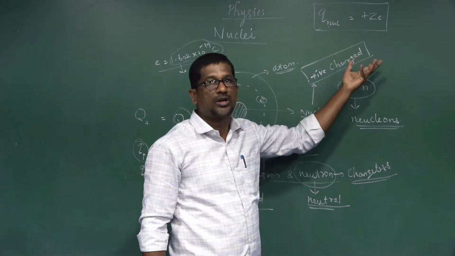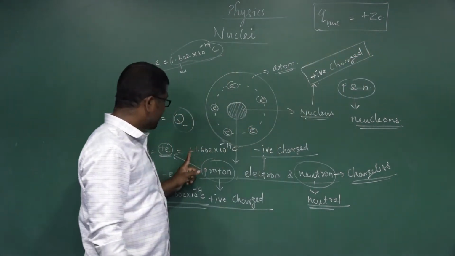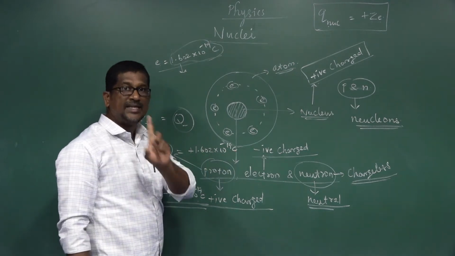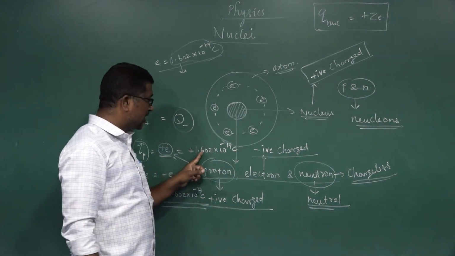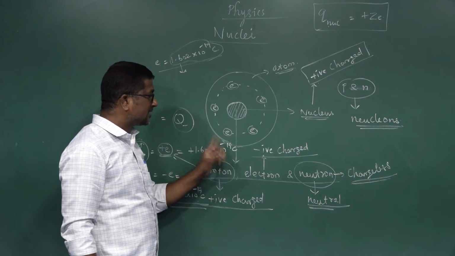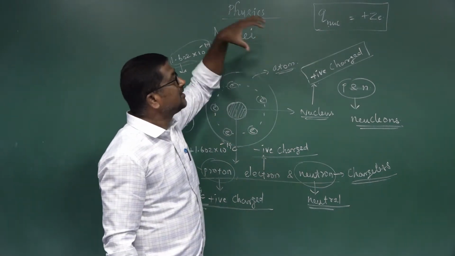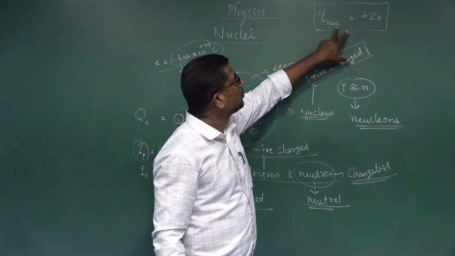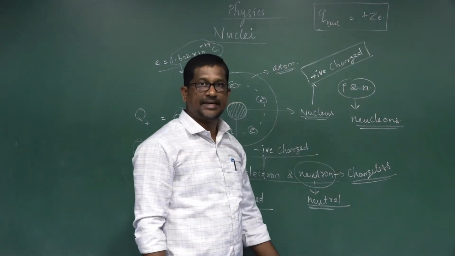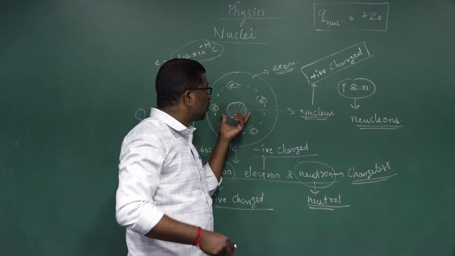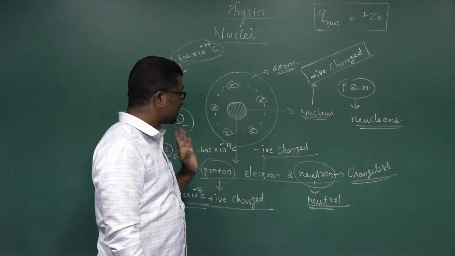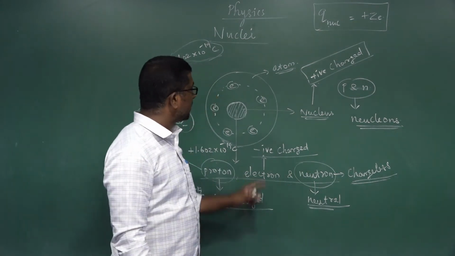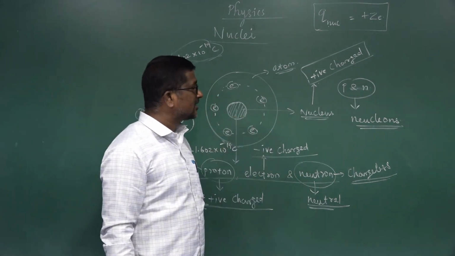The value of the charge of a proton is plus 1.602 × 10^-19 coulomb. The charge of a single proton is plus 1.602 × 10^-19 coulomb. Generally, the charge of the nucleus is represented by the equation Q nucleus = +Ze, right? And the nucleus is positively charged due to the presence of protons, and the neutron is a neutral particle, and the nucleus was discovered by Ernest Rutherford.